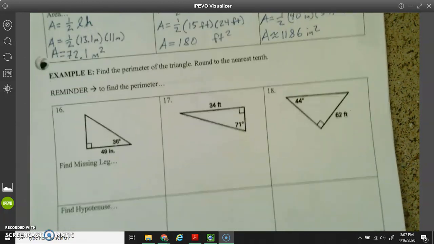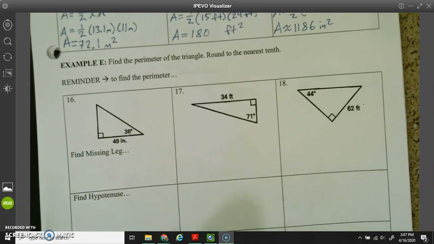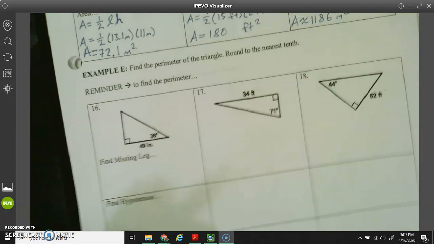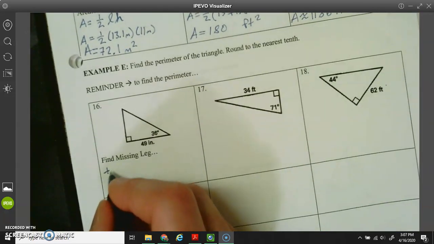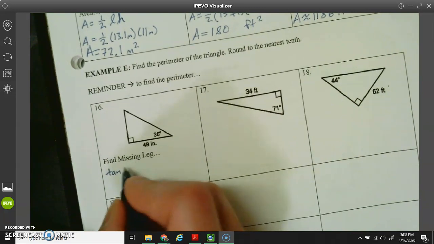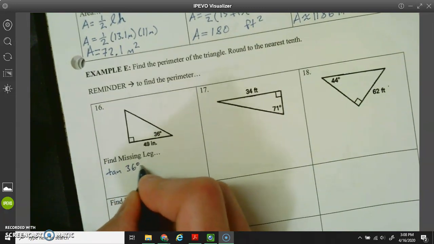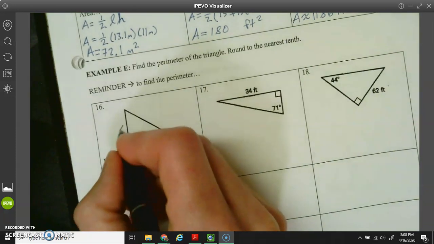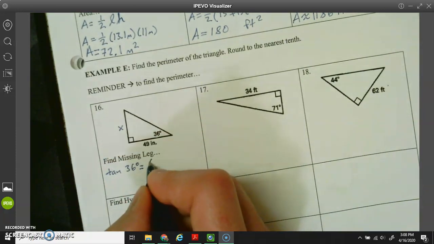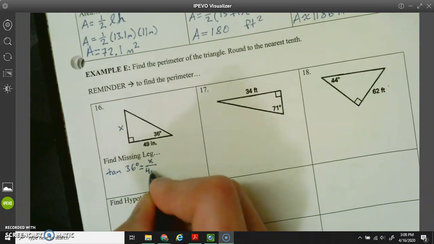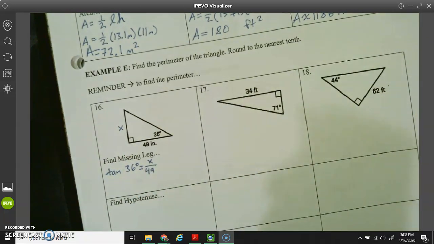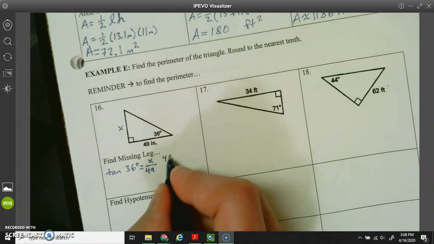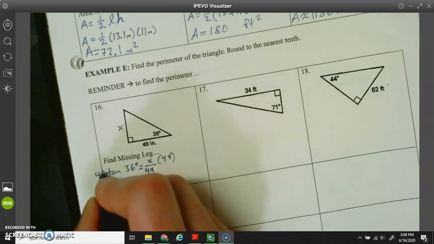The bottom ones talk about perimeter. So we still need to find the missing leg value. So to find the missing leg value, we still need to do tangent. So we're going to do tangent of 36 degrees is equal to opposite over adjacent. For this one, we're going to call it x. So I have x over 49, multiplied by 49 to get x by itself on both sides.